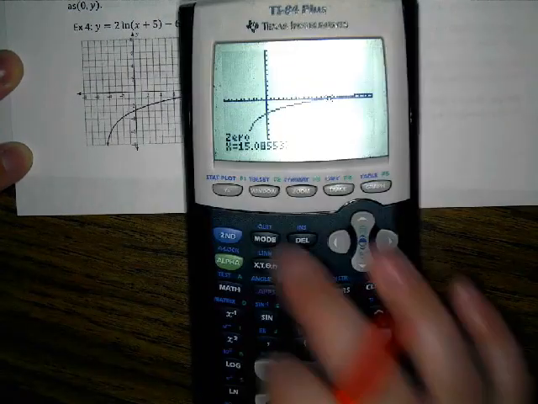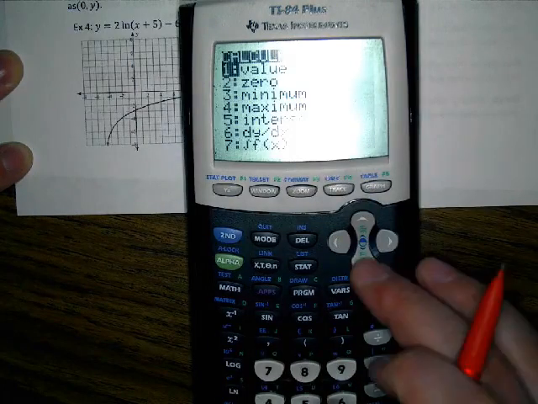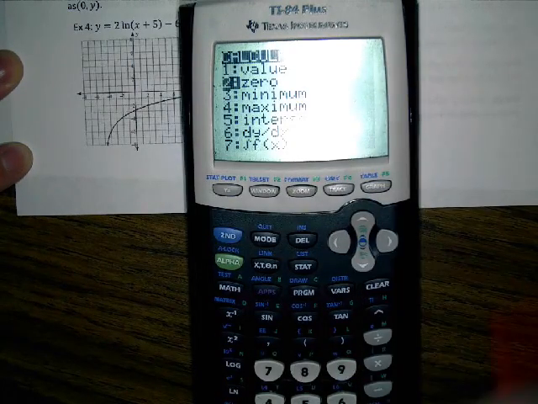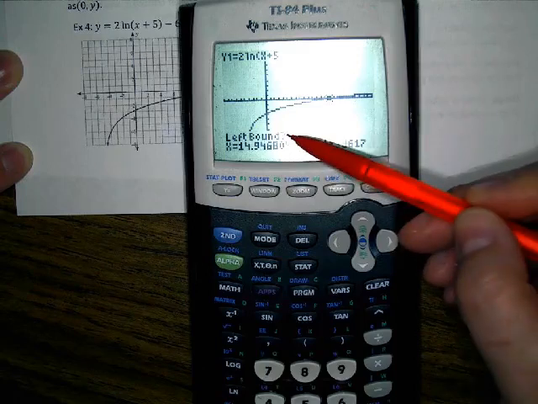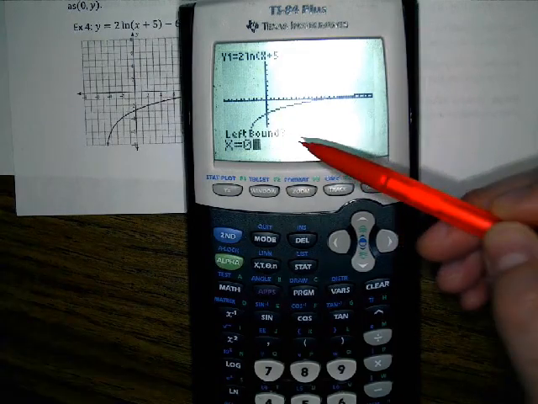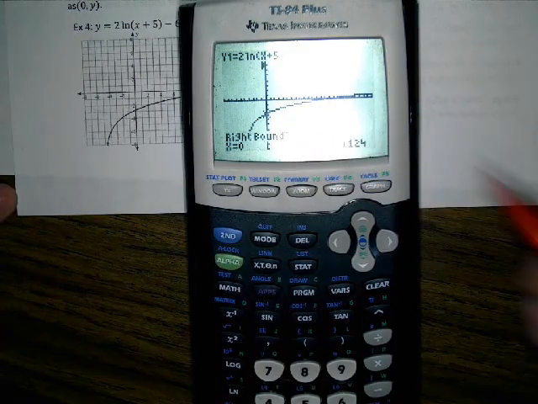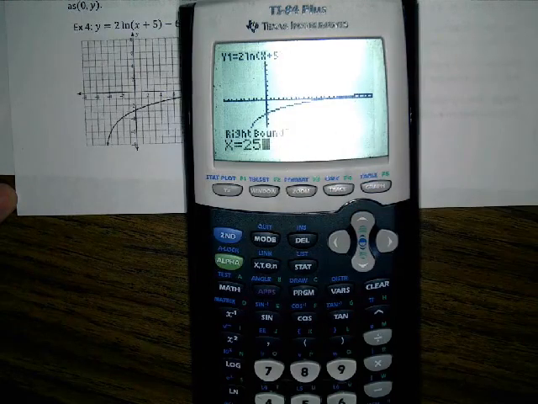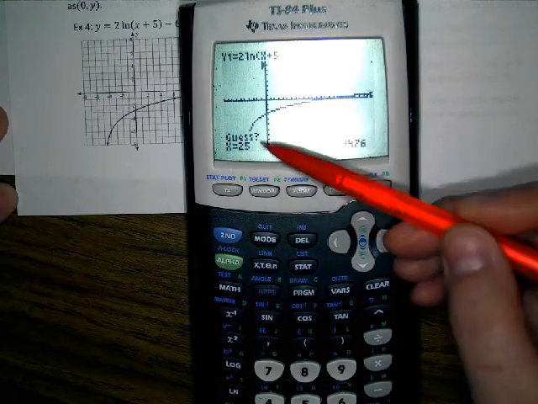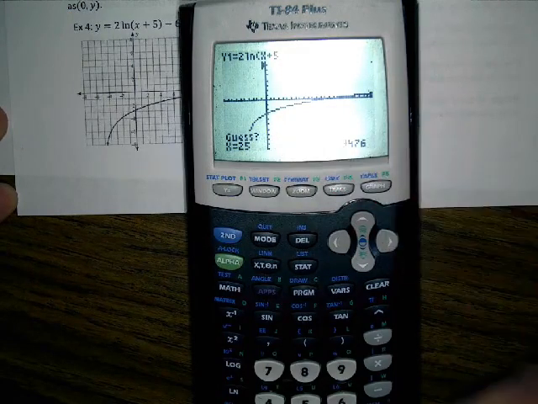When it said left bound, I typed 0 and pressed enter. For right bound, I typed 25 and pressed enter. When it said guess, I ignored the guess and pressed enter one more time. Then it told me the answer.